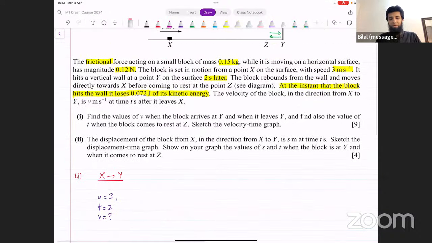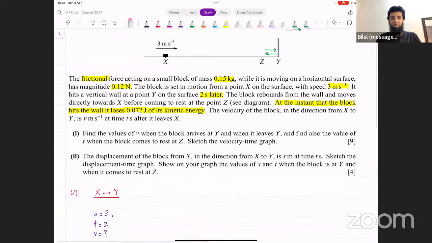So now we need to think about how we can figure out any of the remaining pieces of information from the other information that we're given. We are given that the friction is 0.12. And there's no other force. You can see there's no other force acting on the block as such. They haven't really told us about any other force acting in the direction of motion. So there's only friction.